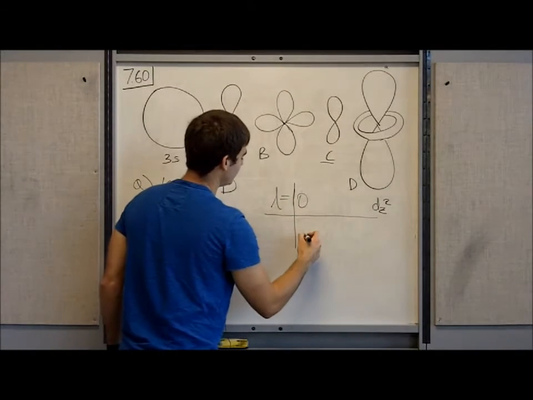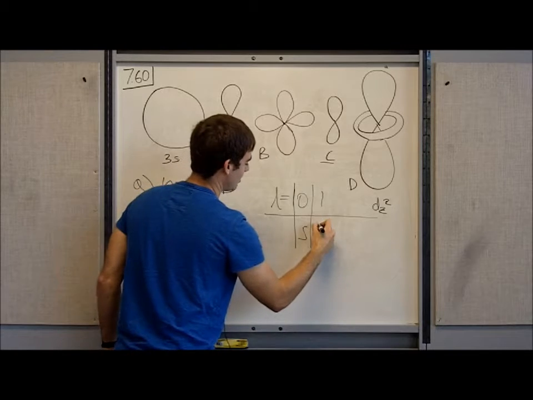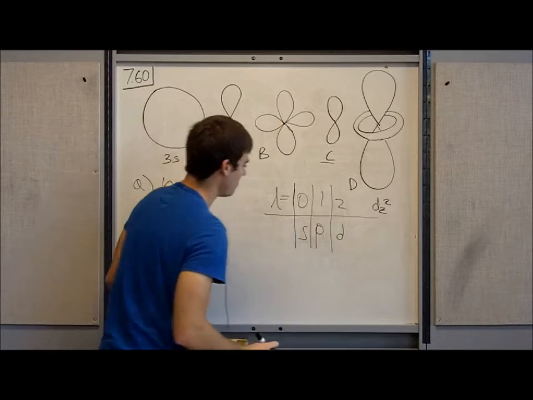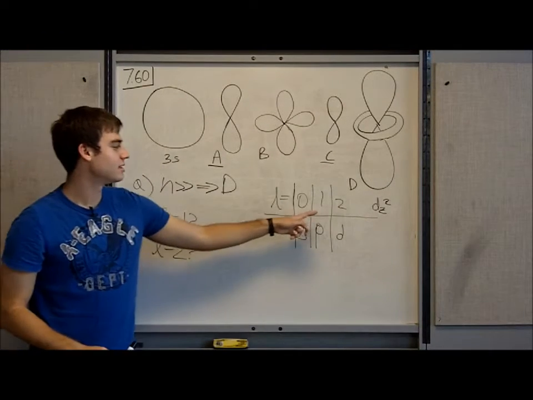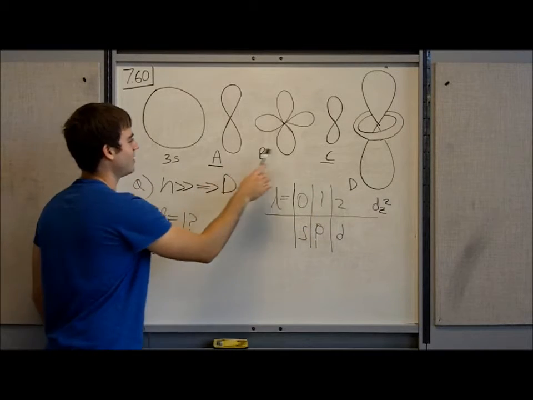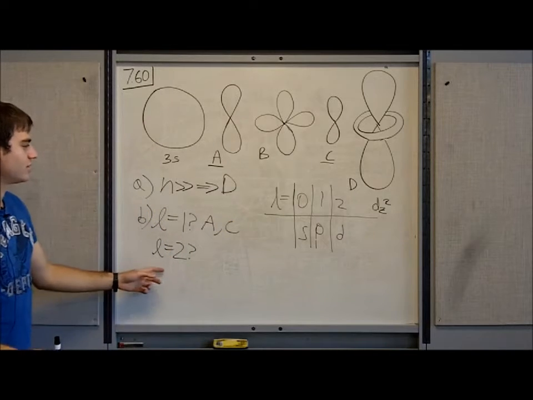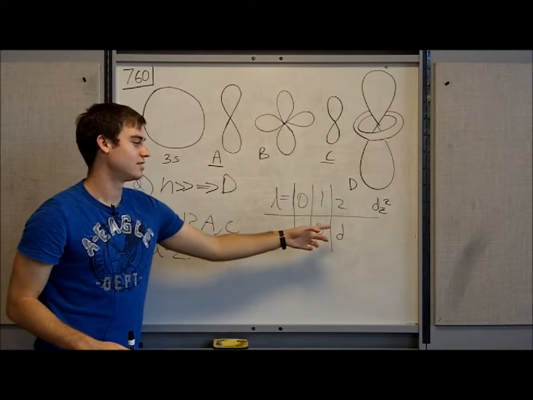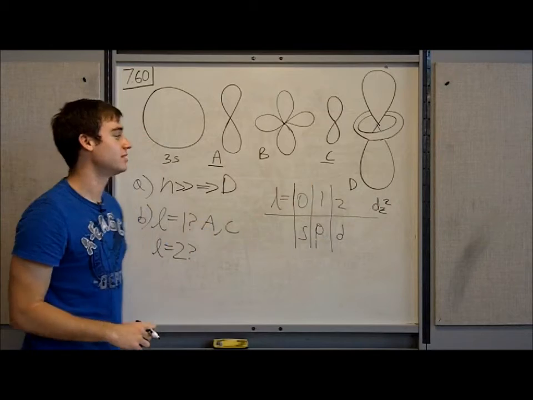For l equals 0, that refers to an s orbital. l equals 1 refers to a p orbital. l equals 2 refers to a d orbital, and so on. So for l equals 1, the only p orbitals we have are A and C. And for l equals 2, that refers to a d orbital, and B and D are the only two d orbitals.